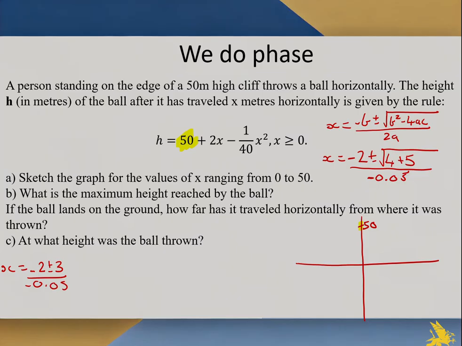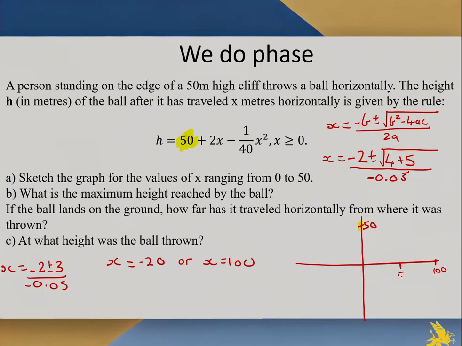The next thing is just putting those two amounts into a calculator. The first answer I've got with the plus is x is equal to negative 20, or the second one I have is positive 100. Now, that means here that I can put in 100 here.